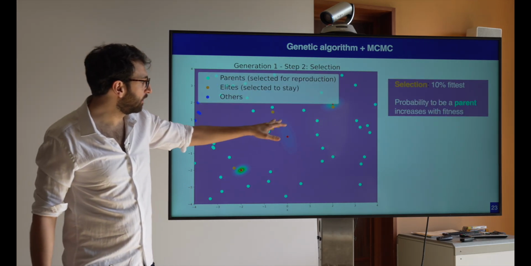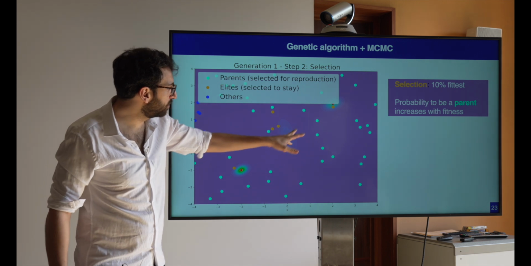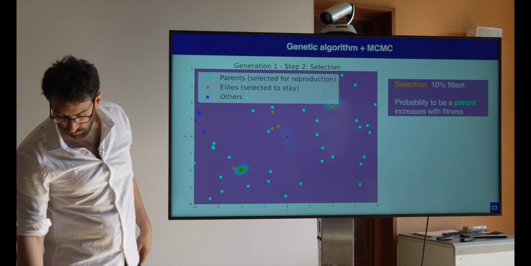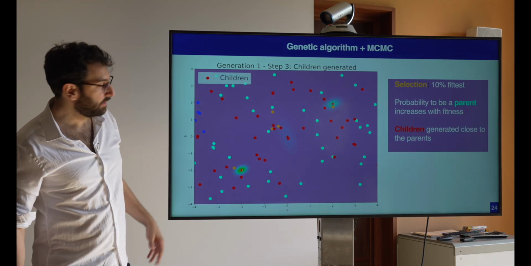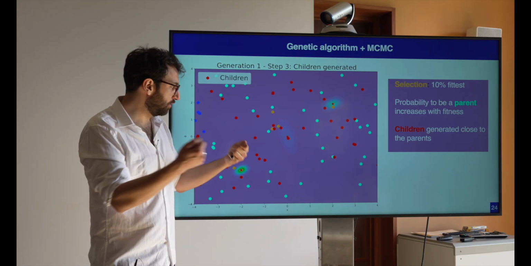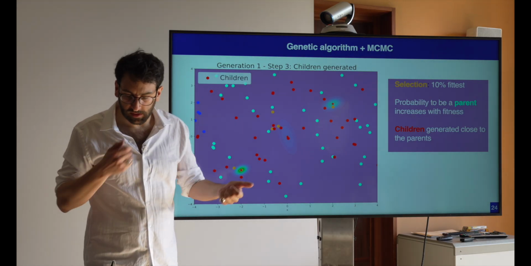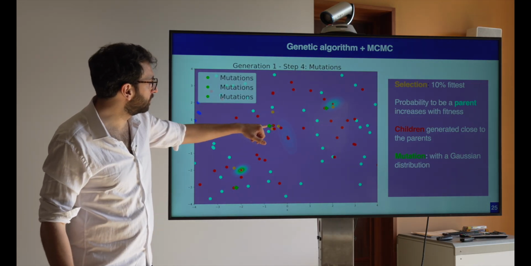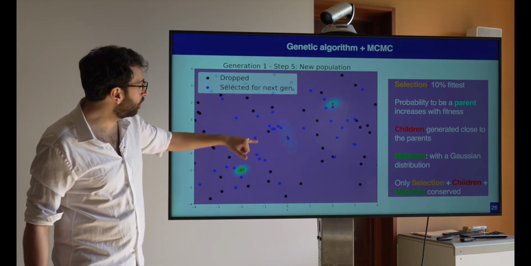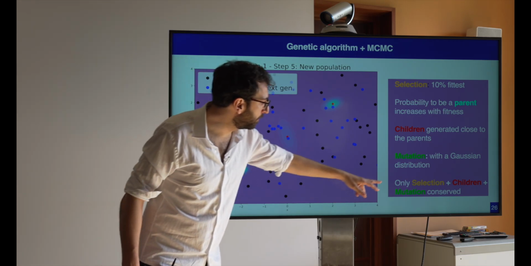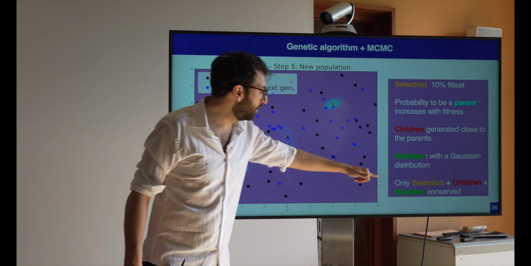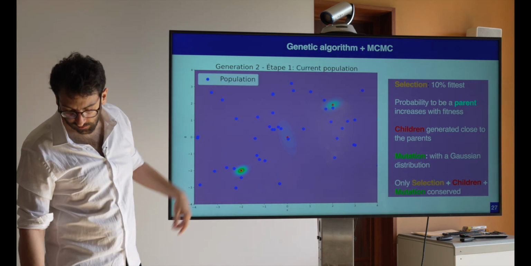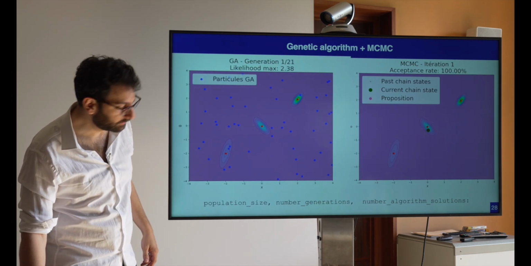First step is to select the best, the most likely, the fittest parameters, and some of the parameters are selected to reproduce. Then they make new parameters through a mathematical function that depends on the genetic algorithm. Then some of these children mutate, and overall you keep the elites, the selected ones, plus the children with their potential mutations, and then you have your next iteration of the genetic algorithm.